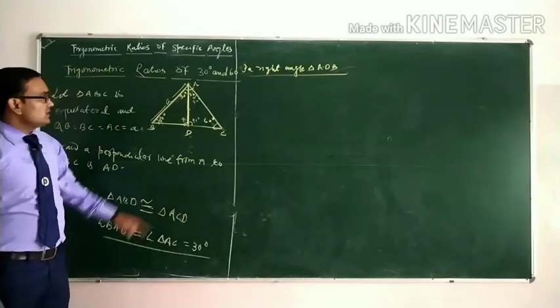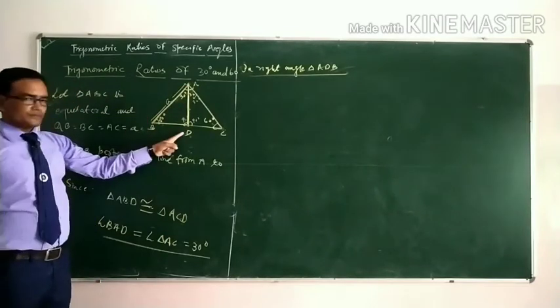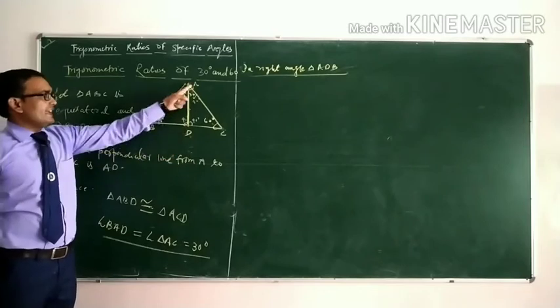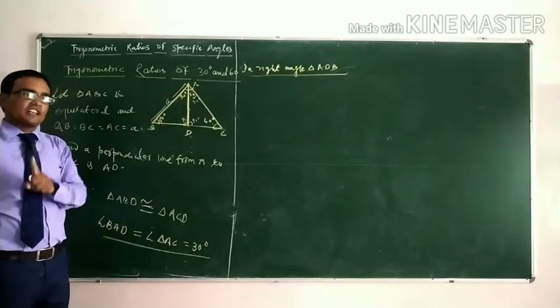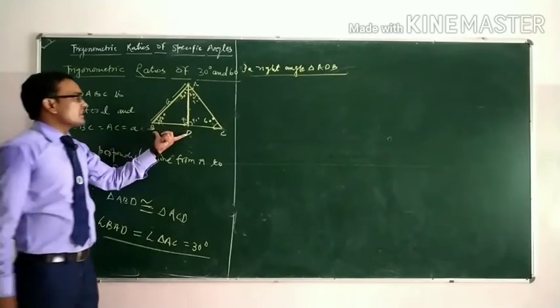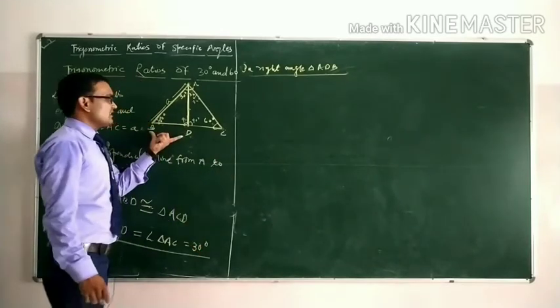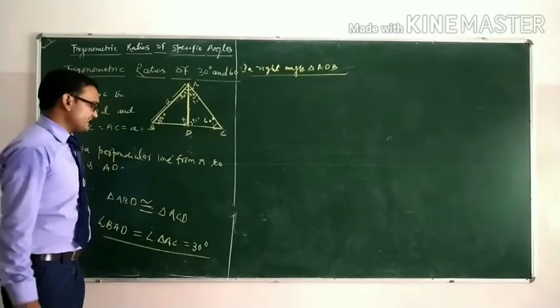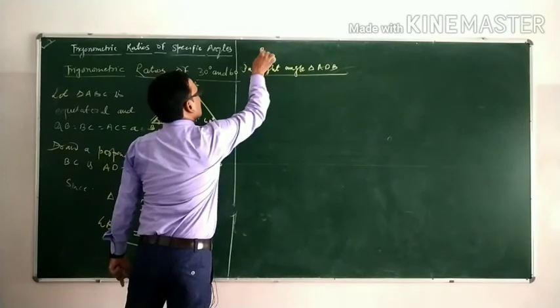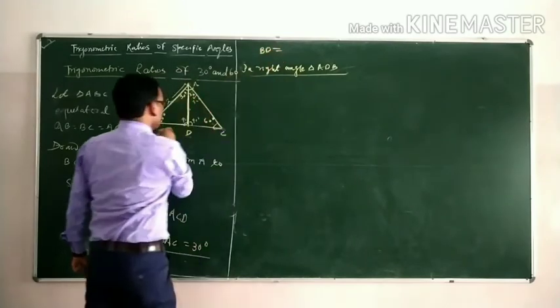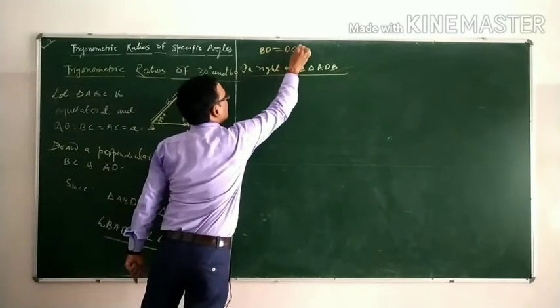Why? ABD is congruent to ADC. Then the corresponding parts of congruent triangles are equal. Then we can say that BD is equal to DC. Okay, students?